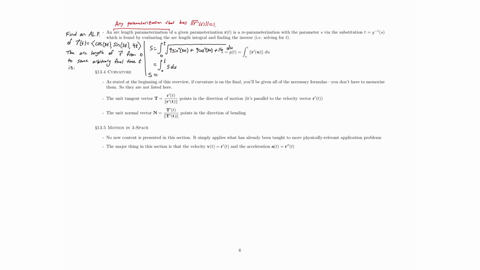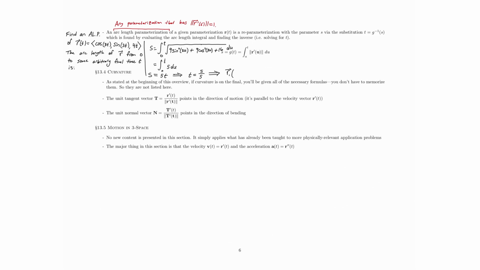So the answer is s equals 5t. So then we can solve this for t to get s over 5. And then we can replace the t's in our original parameterization, here, here, and here, with this new expression. So this creates a new parameterization. Let's say it's r sub 1. We'll just give it a different name.